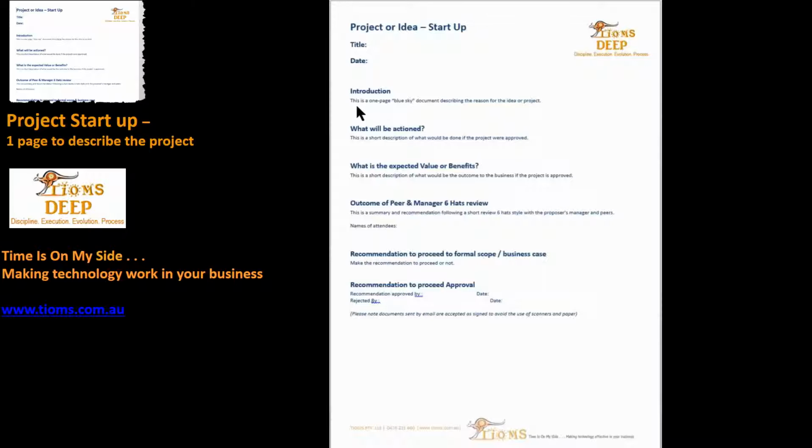So a very short paragraph, the sort of elevator speech introduction of what this project is and why would I do it, followed by a short description of what actually would be done. So what actions would be taken from start to end of this project or idea, and what would be the expected value or benefits from doing this thing.